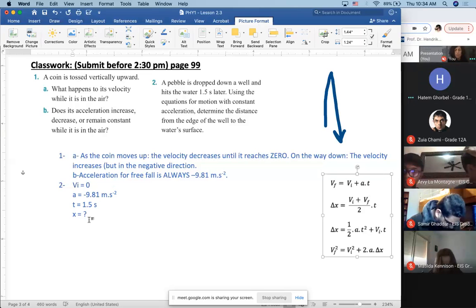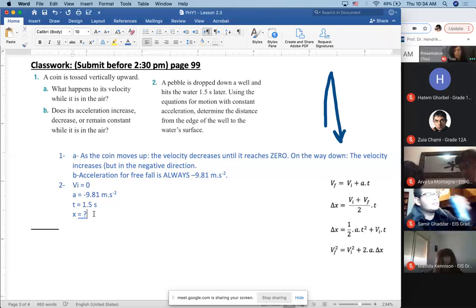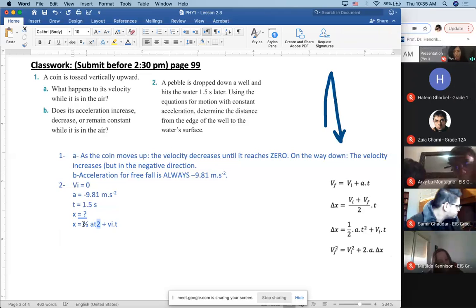Yeah, so by the way, you can write it as x is equal to a half a t squared plus v initial t, and I'm gonna make sure this is squared.